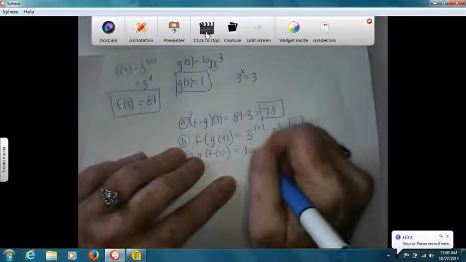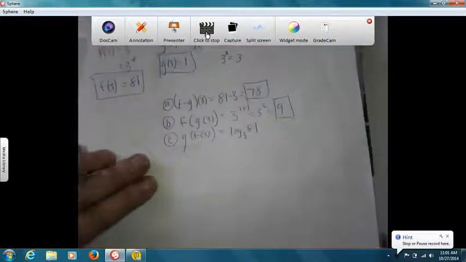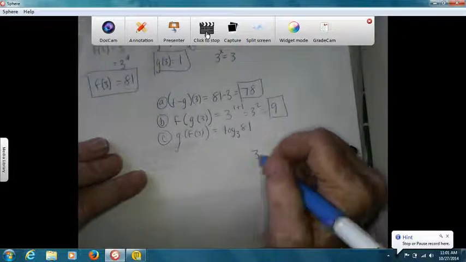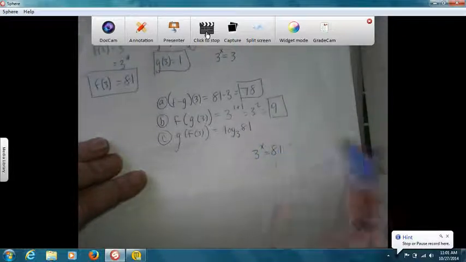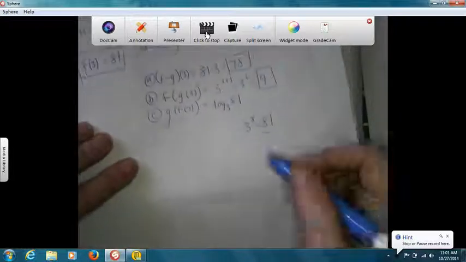I can write that in exponential form: 3 to the x equals 81. I just did it a minute ago. 3 to the 4th is 81, so x equals 4.